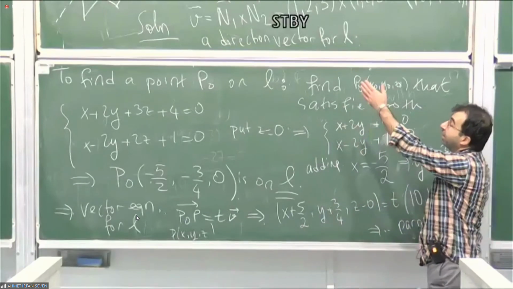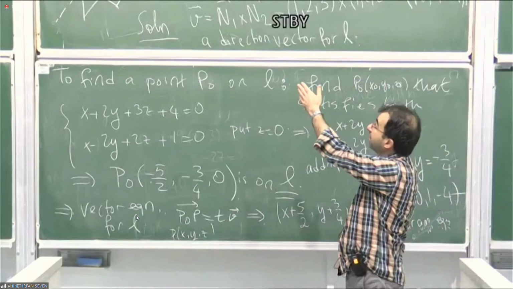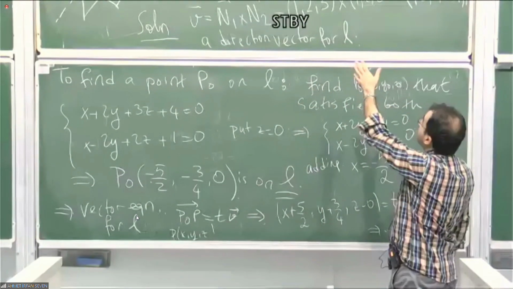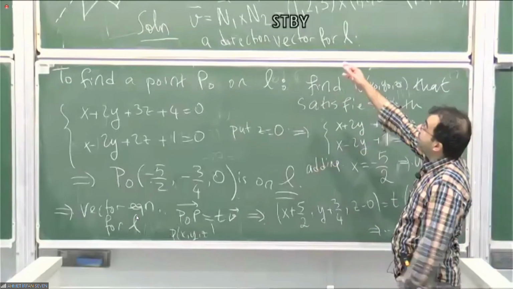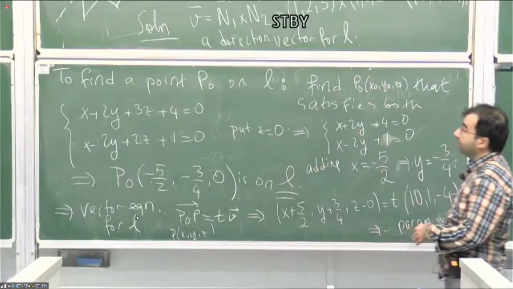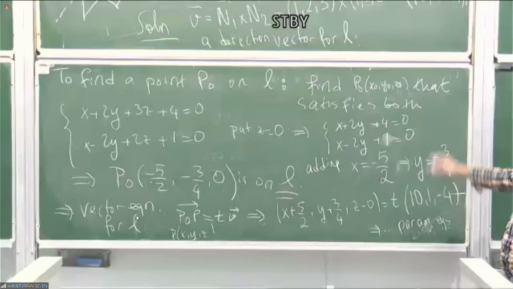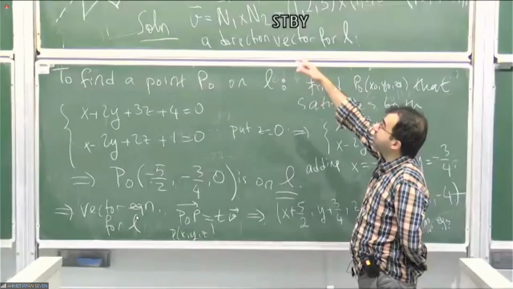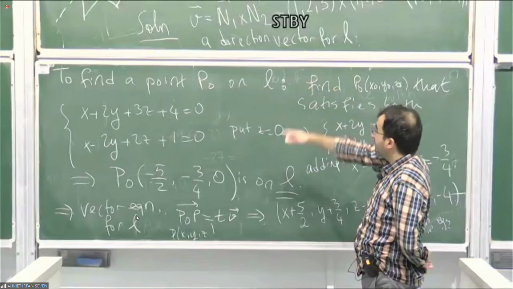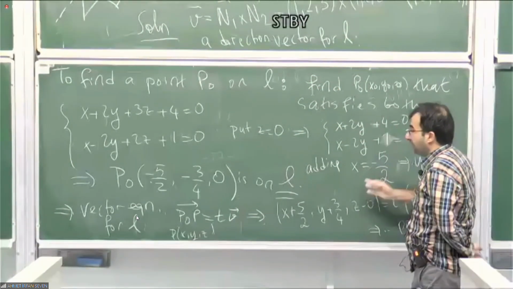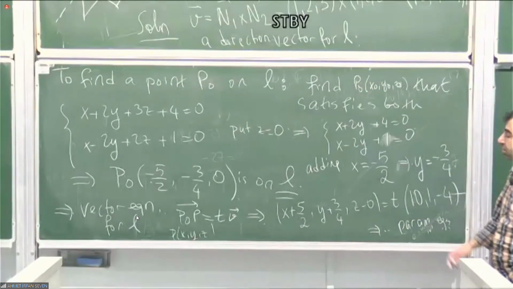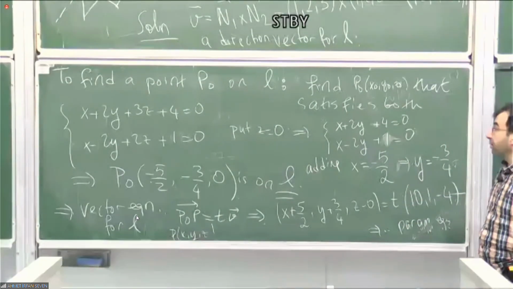If you have two planes intersecting along a line, you can find the direction vector by taking the cross product of the normal vectors. Then you find any point you like, P0, on the line, just like we had here, and then you write the vector equation. And then you can convert it to parametric equations or symmetric equations.